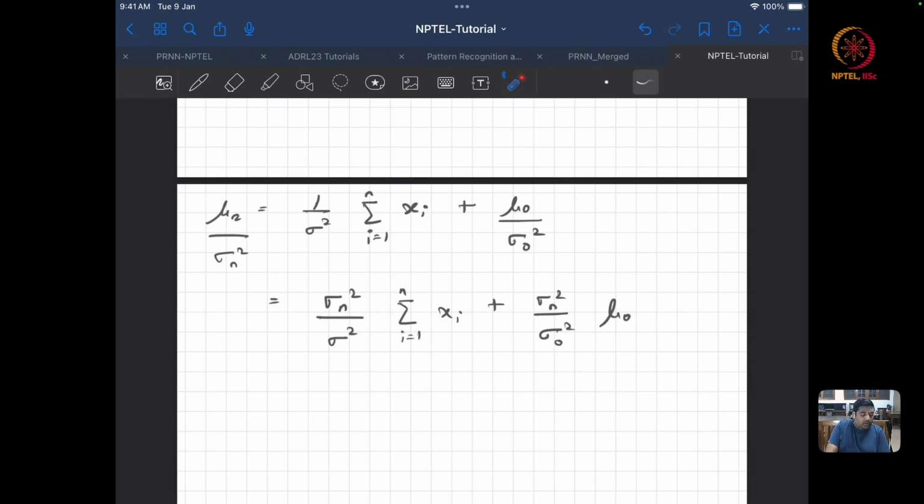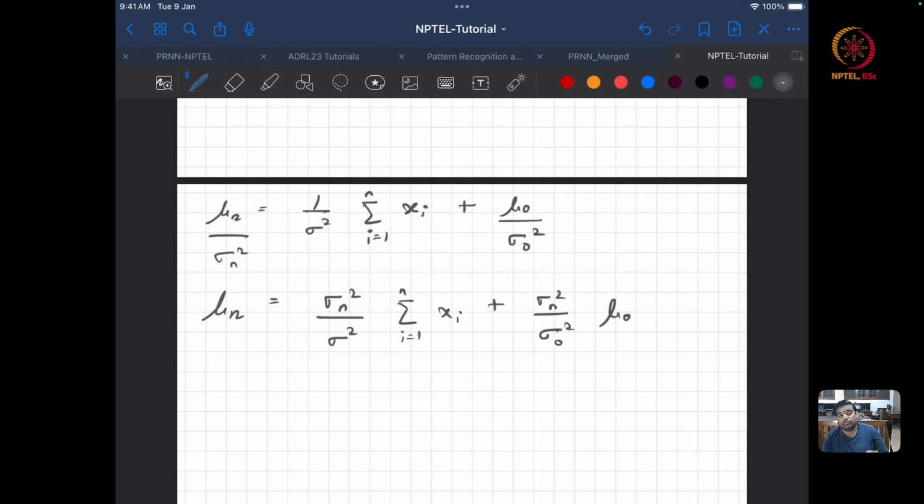Now, this is similar to our MLE estimate for the mu that we have. This is just off by some scale, not off by some values, off by some scale. So this is a linear combination of my MLE estimate and my assumption. So my MAP estimate, mu n, is this. Now I get a whole distribution, and since it's a Gaussian distribution, the mean and mode will be the same.